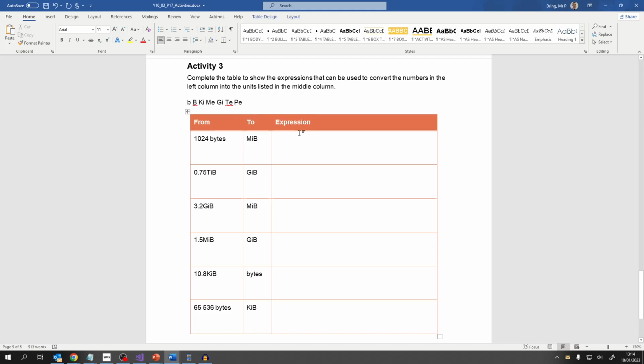So what's the expression? Well, you'd get a mark for doing this in the right order. If we want to go from bytes to megabytes, we start with 1024 bytes. We have to divide by 1024 to get to kilobytes, and divide by another 1024 to get to megabytes.